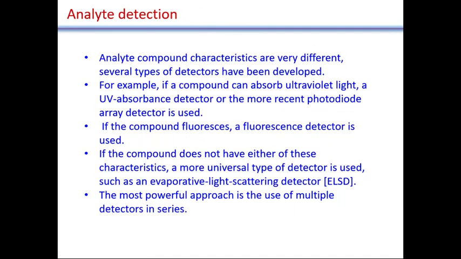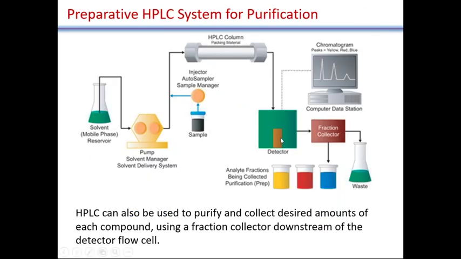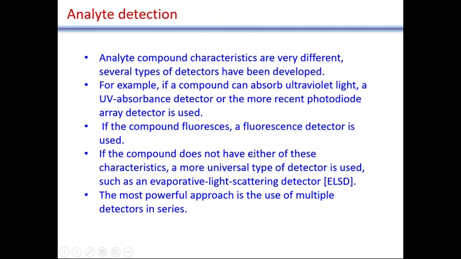See, analytes, after passing through the HPLC, have to be detected. So how are they detected? Each analyte has to be detected, so there is a detector as a part of the hardware. The analytes will have different properties.